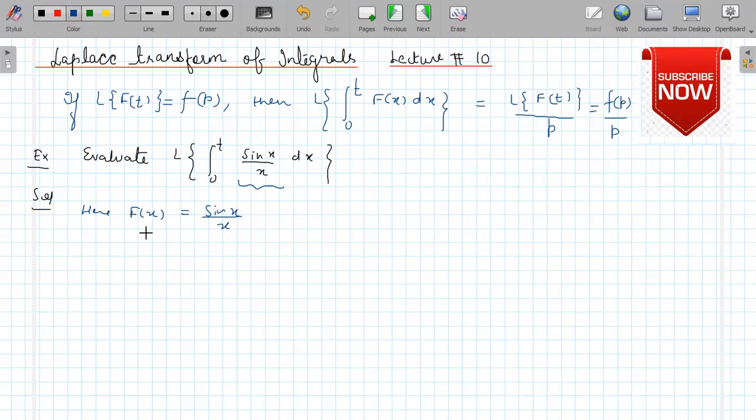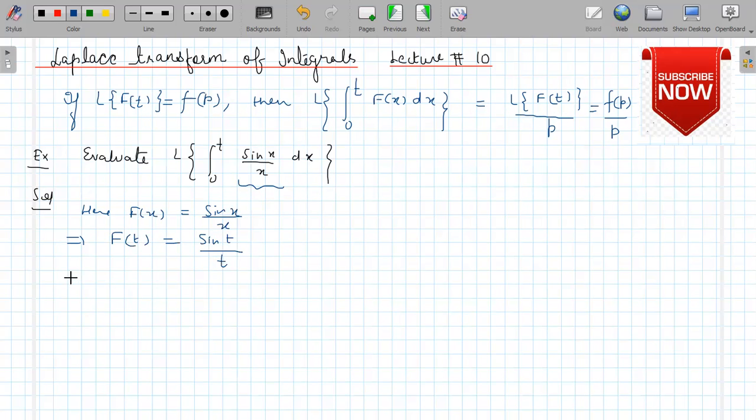That means we have to find here Laplace transform of sin t by t. So this implies f(t), if we write the value of f(t) here, it is sin t divided by t. So you have to find the Laplace of f(t).